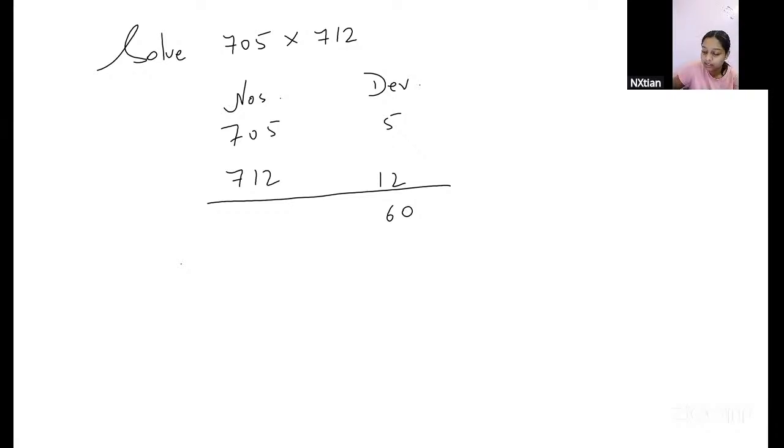We will add 12 to 705, which is 705 plus 12, and then we will multiply the whole thing with 7. So we have 717 multiplied by 7, which is 5019.